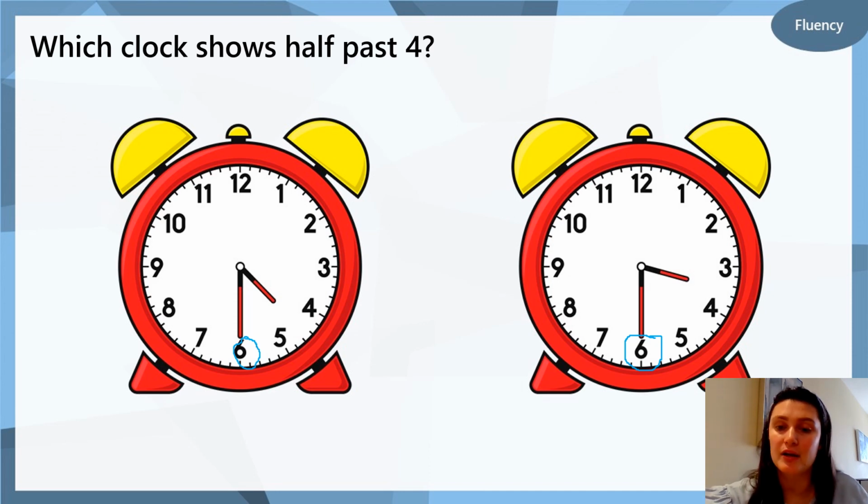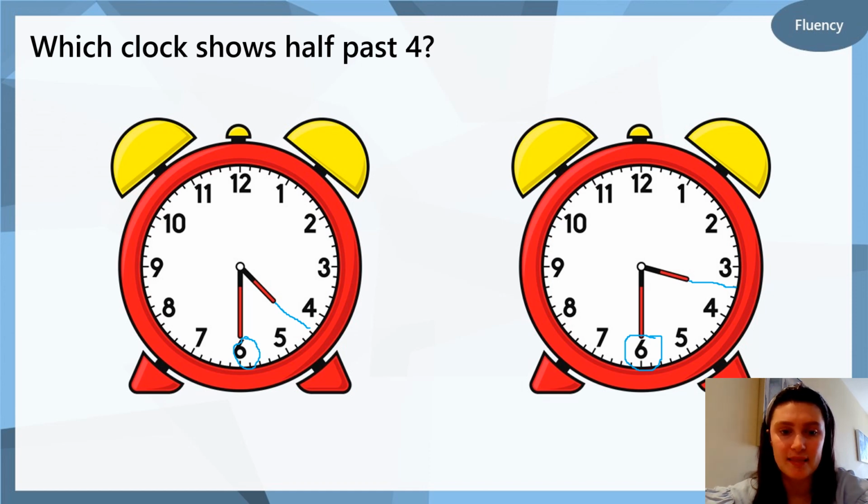So we need to look at the hour hand. On this first clock, the hour hand is in between 4 and 5. And in the second clock, the hour hand is between 3 and 4. We need to find the clock where the hour hand has passed 4.